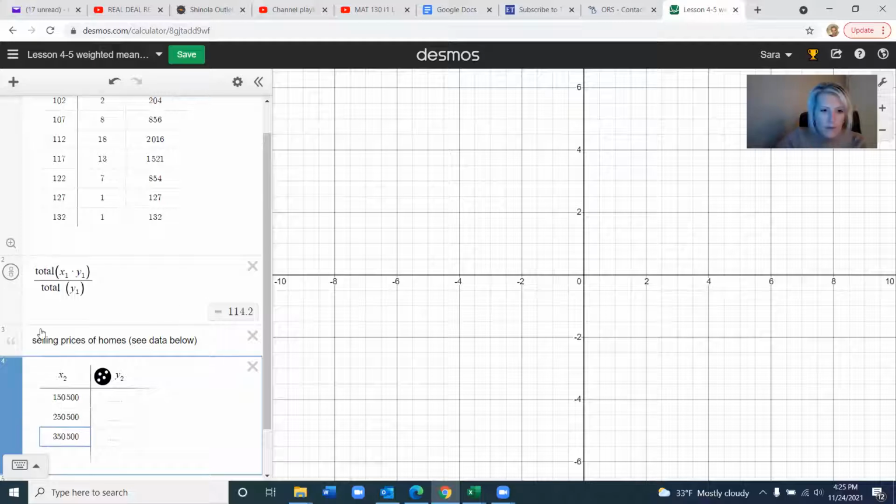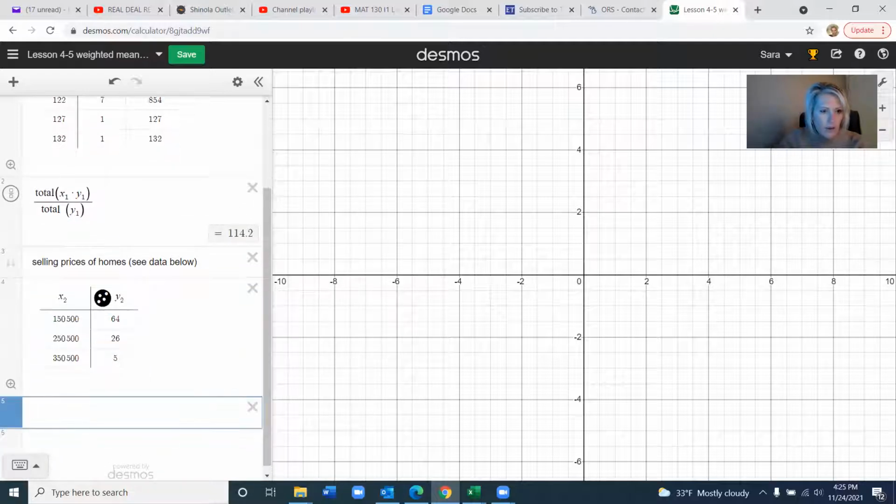And then I'm going to put my frequency in Y2. And these are in X2 and Y2. So I have to remember that when I tell Desmos what to do, I have to make sure that I also tell it that it's in X2 and Y2. 64, 26, and 5. Okay.